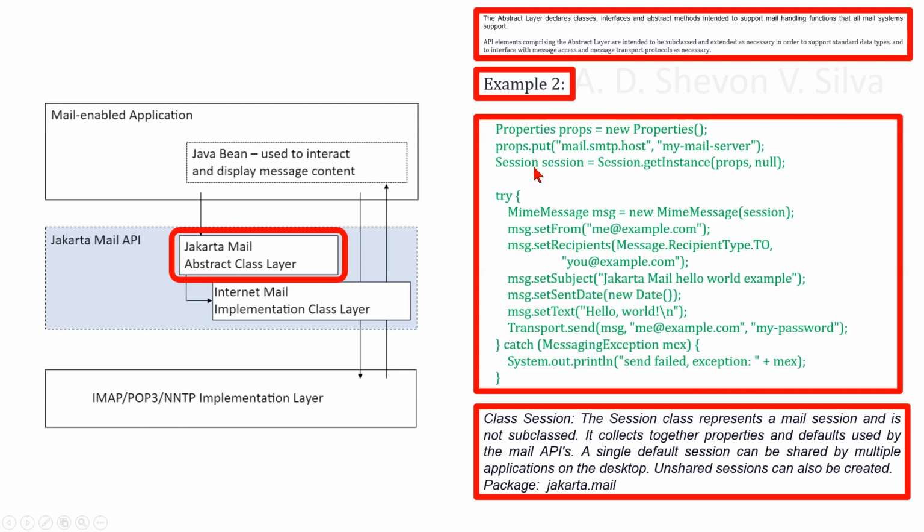It collects together properties and defaults used by the mail APIs. A single default session can be shared by multiple applications on the desktop. Unshared sessions can also be created. The class Session is in the jakarta.mail package.